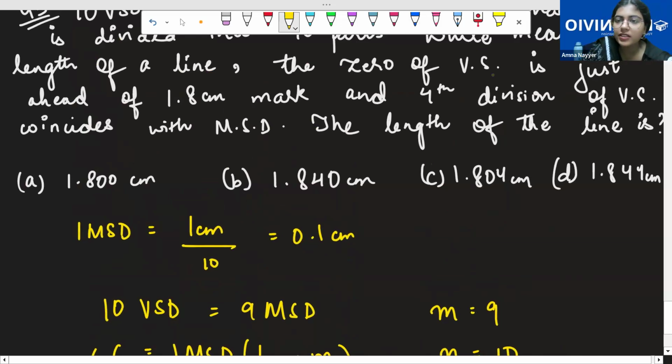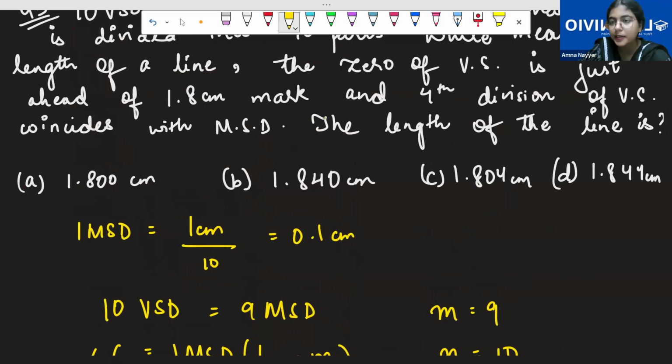Now it says 0 of the vernier scale is just ahead of the 1.8 centimeter mark. This means, what is 1.8 given? Look into the notes. 0 of vernier scale is just ahead of the 1.8 centimeter mark.